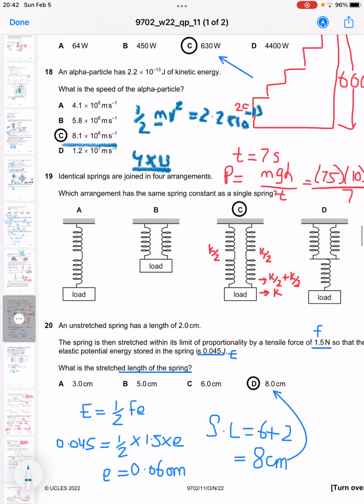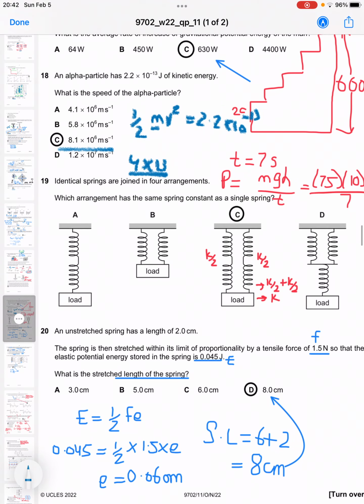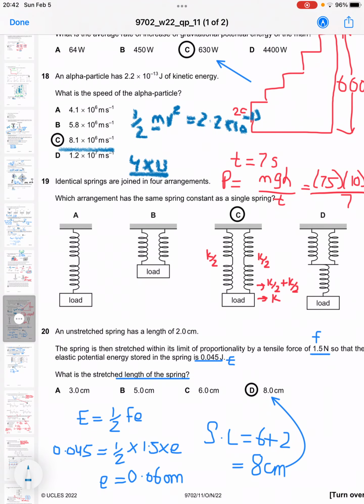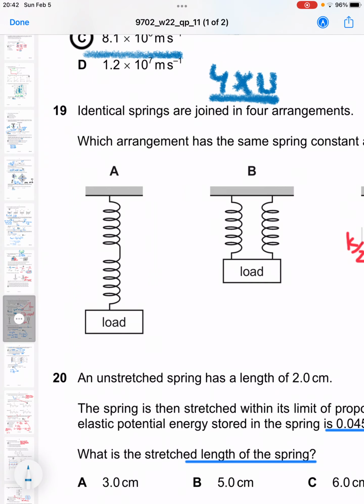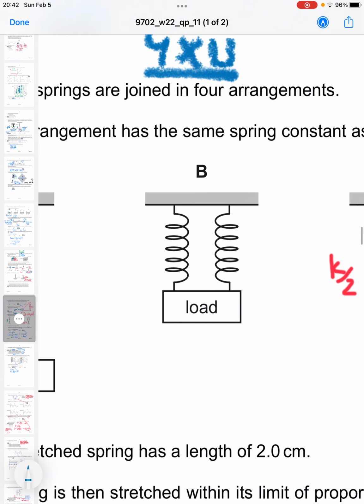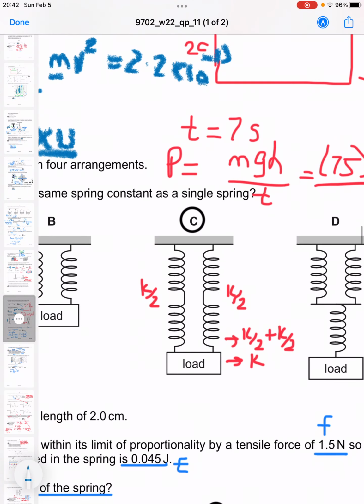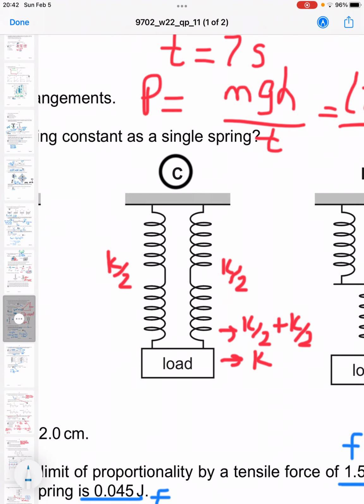Question number 19 says that which spring arrangement has the same spring constant as a single spring? So let's see all of them basically. This is in series, so this makes up k by 2, this makes up 2k, this makes up k by 2 plus k by 2, this is k by 2, this is k by 2, so this makes up k.